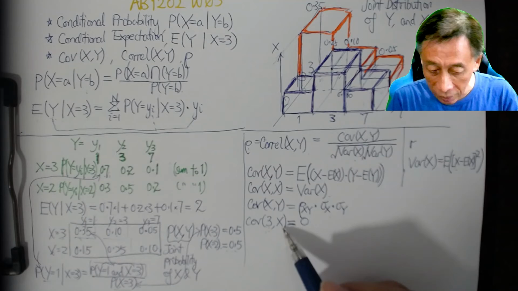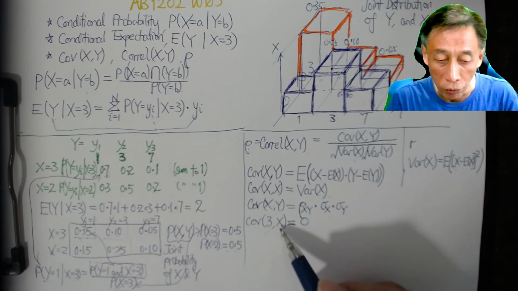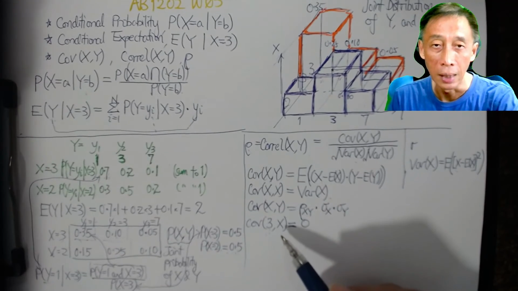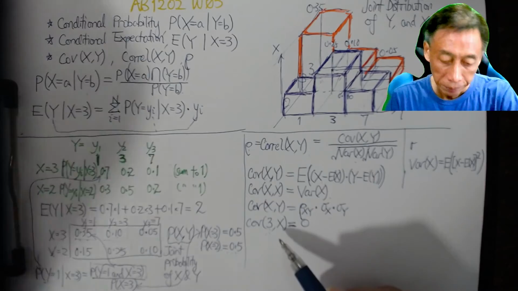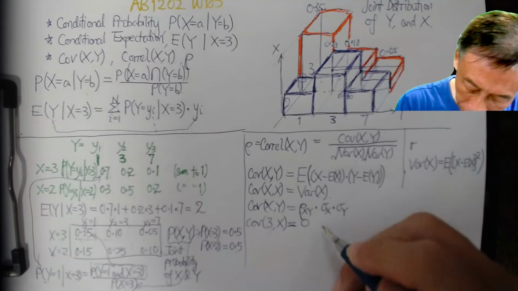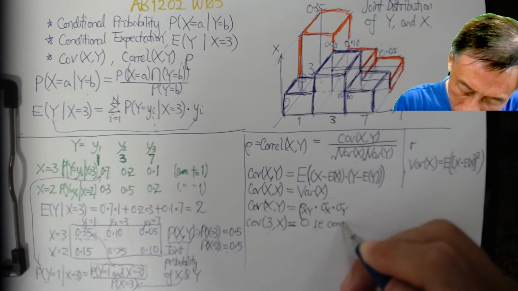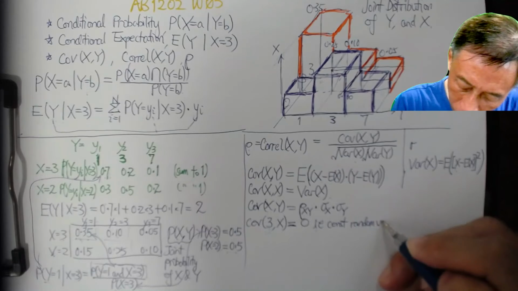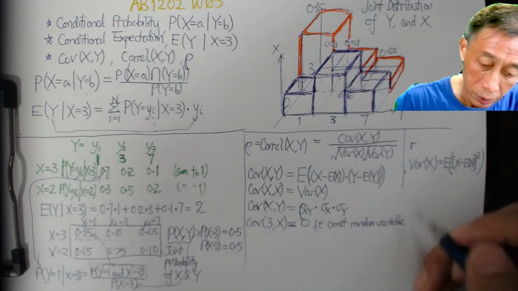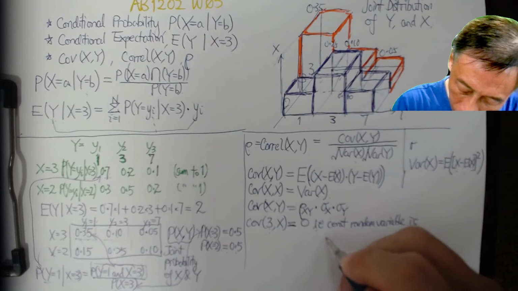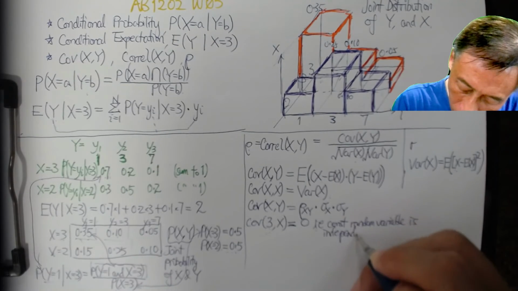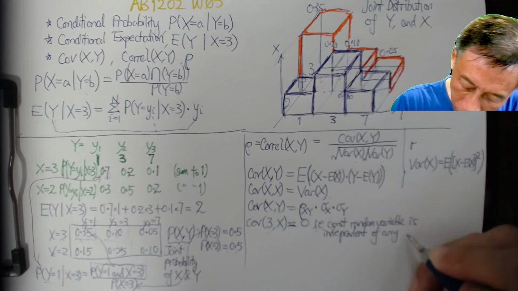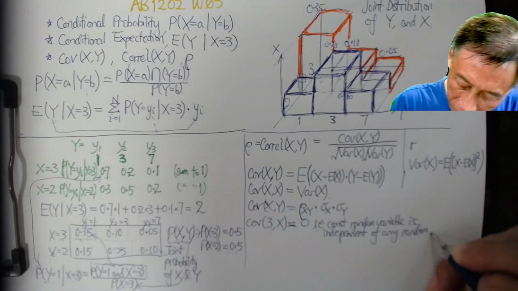So if you ask what's the covariance of x with 3 or any number, the answer is just 0. That is a constant random variable, that means a random variable whose value is always fixed, is independent of any random variable. That can be said too.